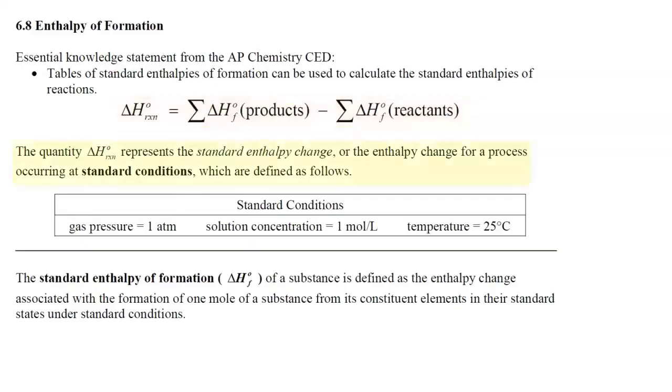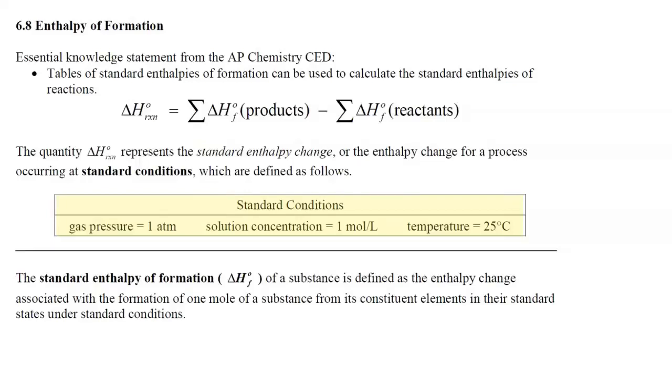So the quantity delta H reaction with that degree symbol or that superscript 0, what that represents is the standard enthalpy change, or the enthalpy change for a process occurring at standard conditions. So standard conditions are defined as 1 atmosphere for the gas pressure, 1 mole per liter for the concentration of a solution, and a temperature of 25 degrees Celsius.